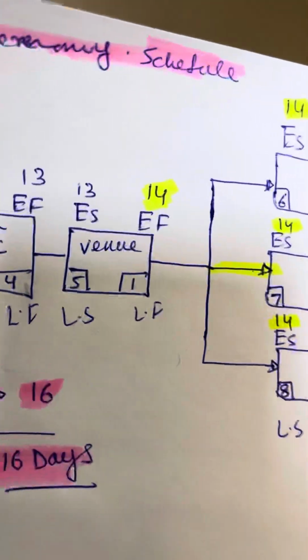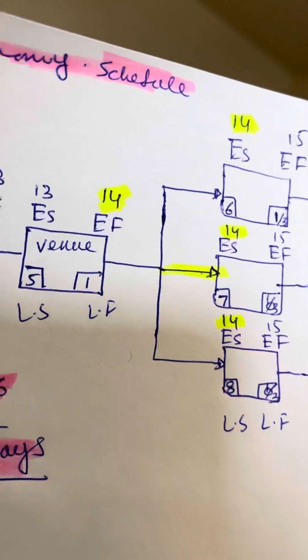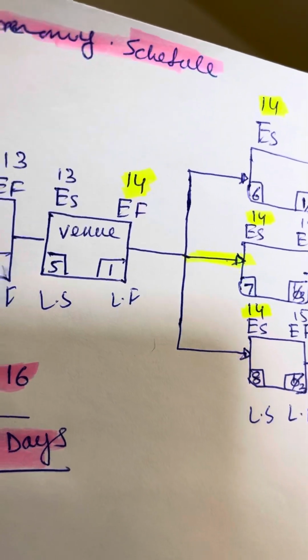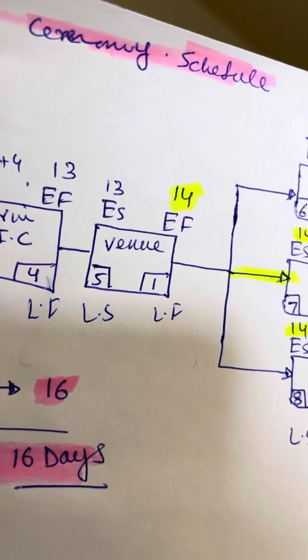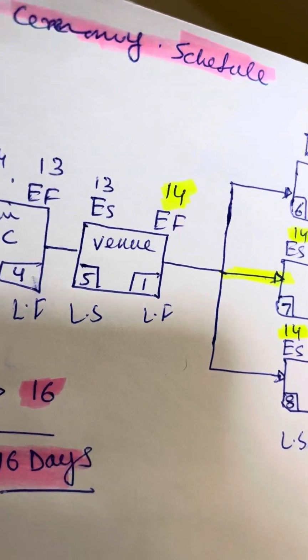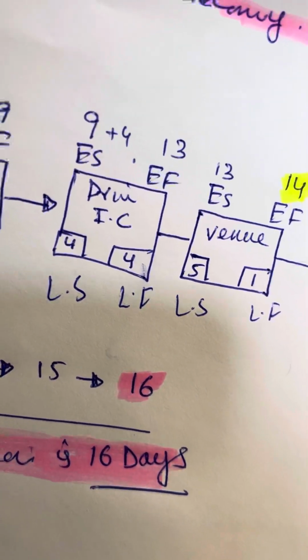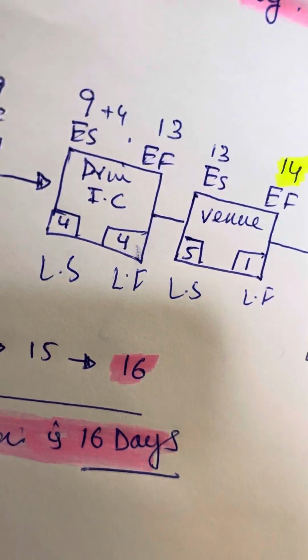And then when you go here, which is menu, this latest start will be the latest finish of the venue, day 14, and the latest start will be 14 minus 1 is 13. For the next activity, the latest finish will be 13, and 13 minus 4 is 9.